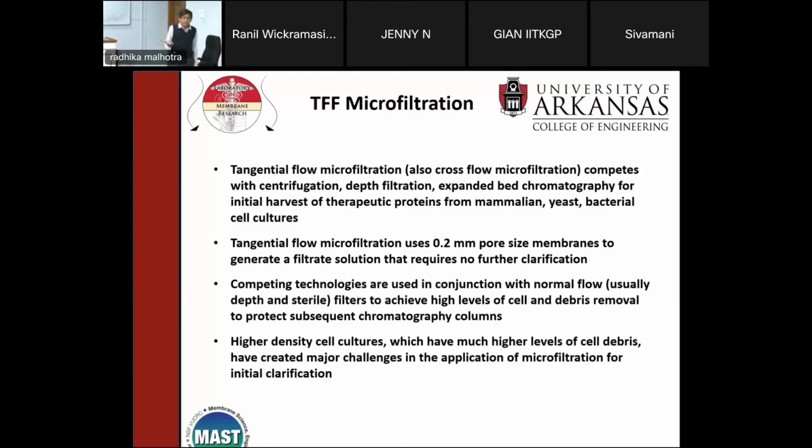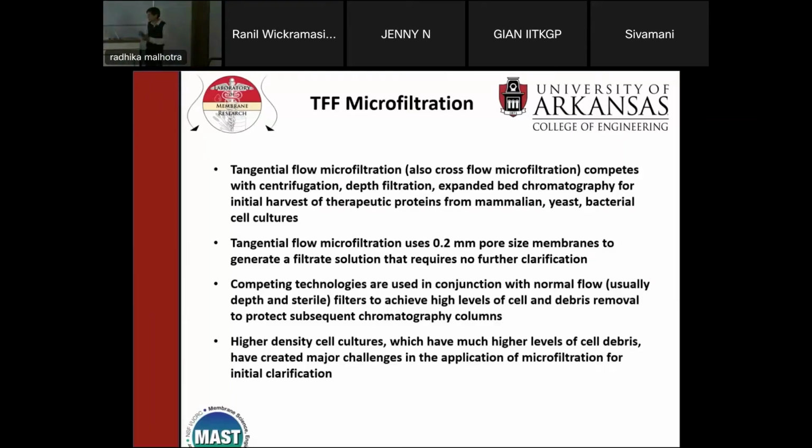So one way people tried to get around that is to use larger pore sizes, which is great. You can do that, but then there's a risk you do something else after that, and then the advantage is lost. So typically, we try to use 0.2 micron pore size membranes to generate a filtrate solution that requires no further clarification.